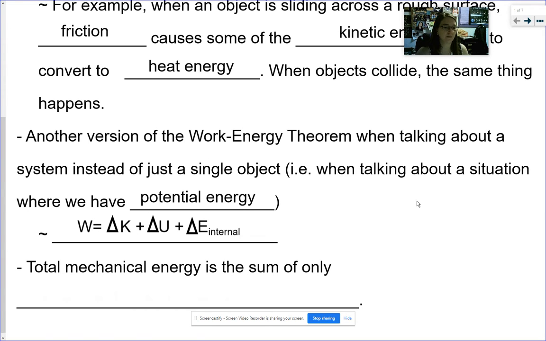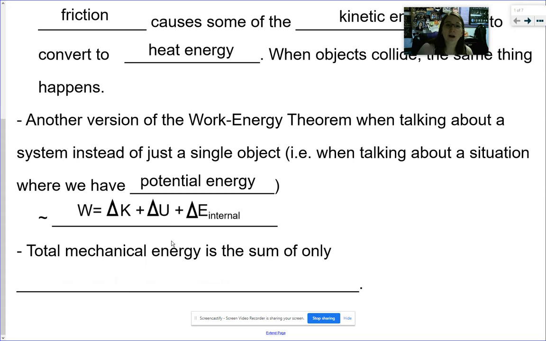We'll talk about that later. So just be careful here. Whenever they're talking about mechanical energy, that's energy only related to its motion, and that's literally just kinetic plus potential. That's it. If we're talking total energy, we have to take into account the possibility that there's other energy that might end up being dissipated. Total mechanical energy is just kinetic and potential.